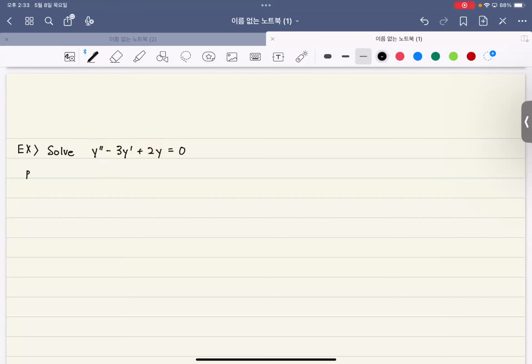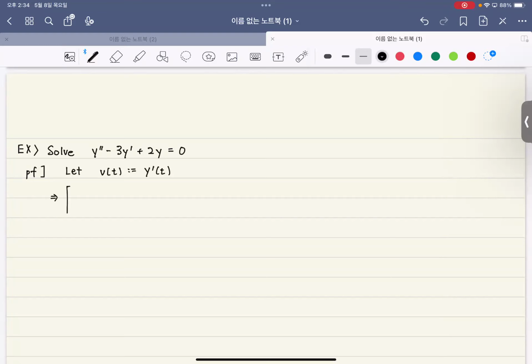We have not discussed solving differential equations of order 2, but you can easily transform this into a system, not a single equation, but a system of differential equations of order 1. How? By introducing a new function, which I will call v, and v(t) is defined to be the y derivative.